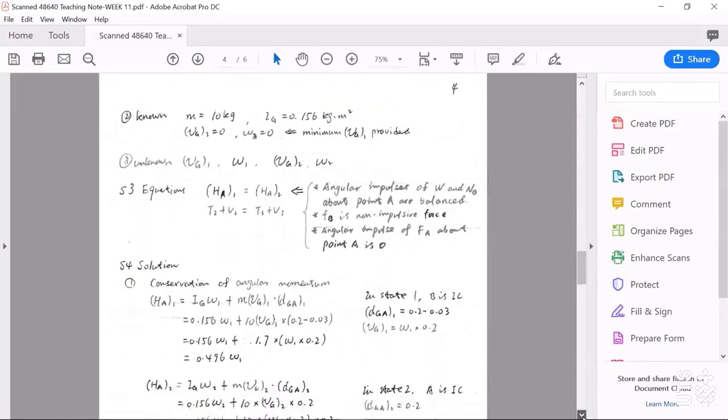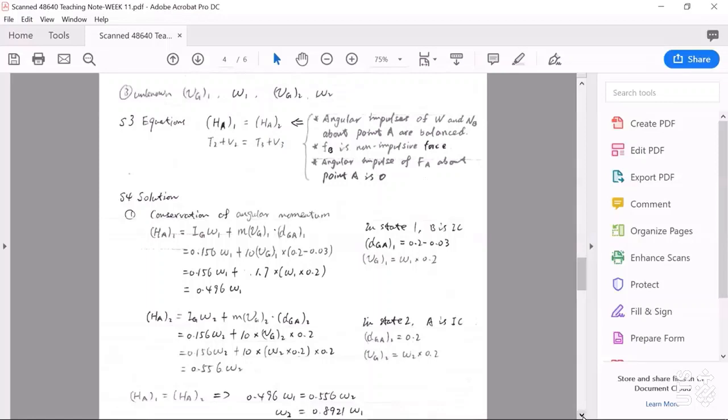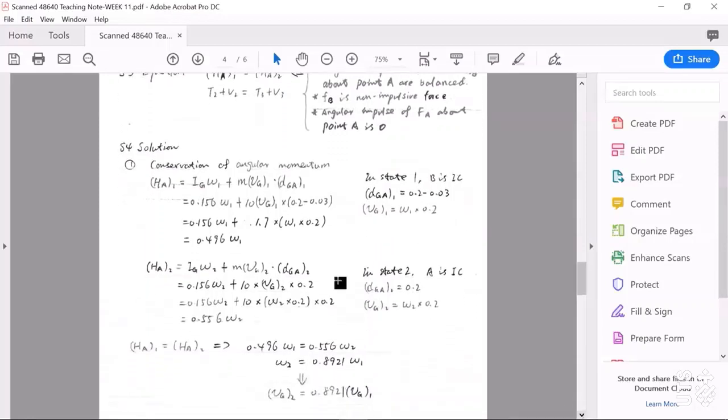Okay, now let's have a look at the calculation. In the first step, we apply conservation of angular momentum for the process from state 1 to state 2. In state 1, point B is the IC point.